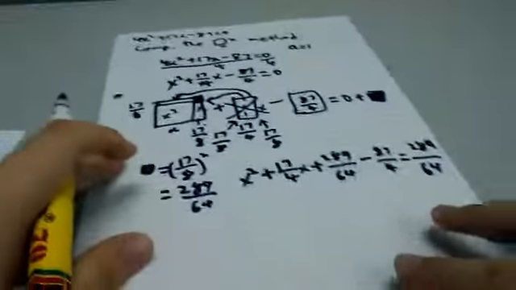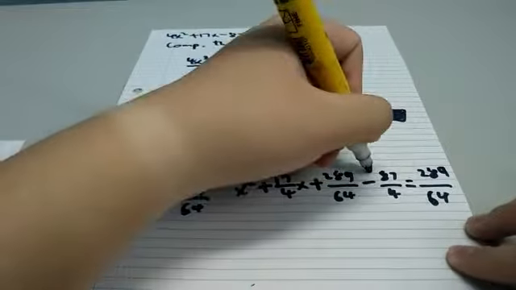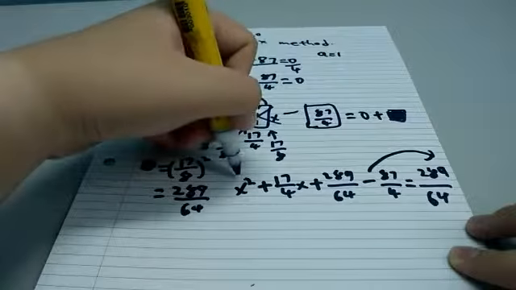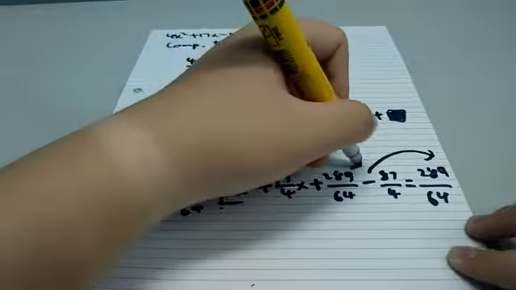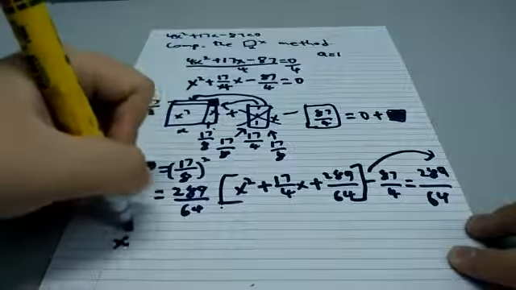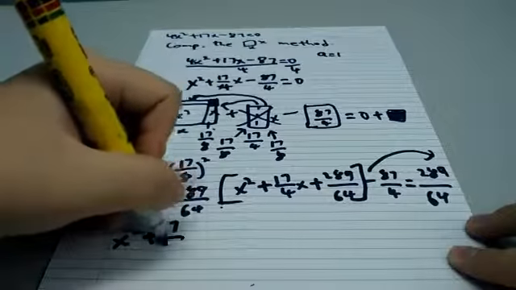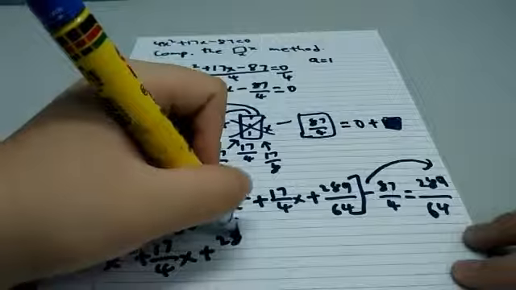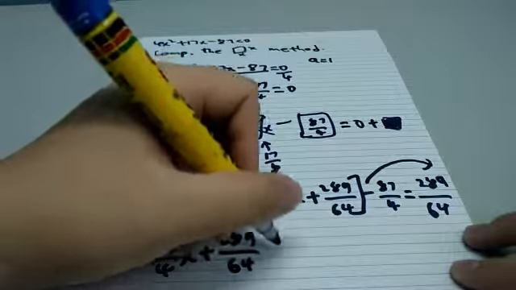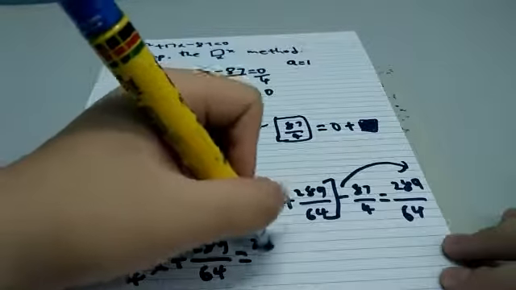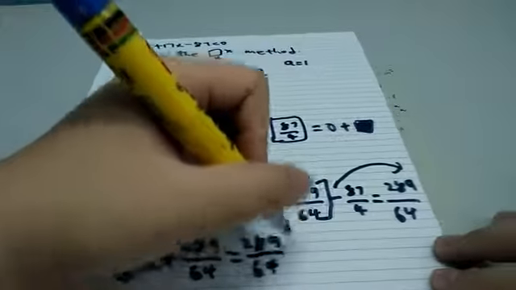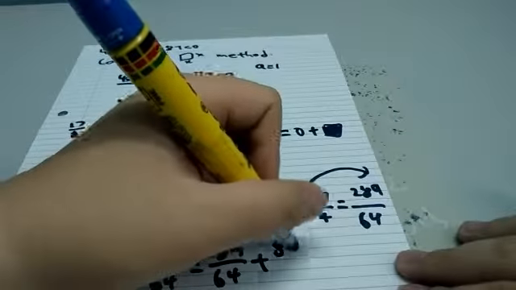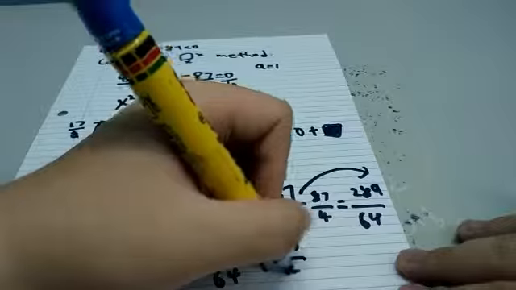Then we take this to the other side, and we just focus on this side. So we will have x squared plus 17 over 4x plus 289 over 64 is equal to 289 over 64 plus 87 over 4.